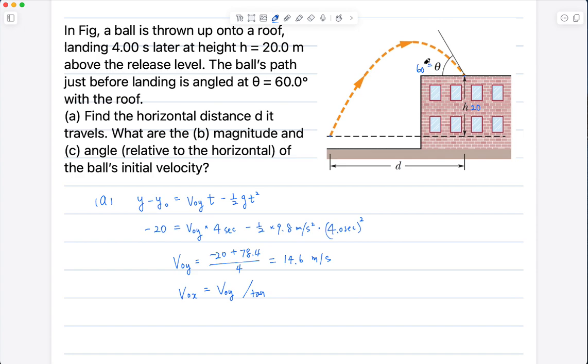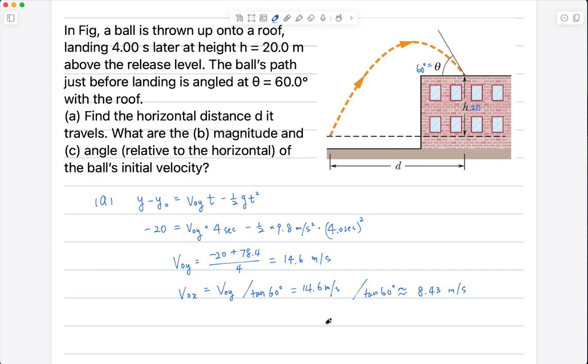So 14.6 meters per second divided by tangent 60 degrees, rounded to 8.43 meters per second. That's the horizontal velocity.